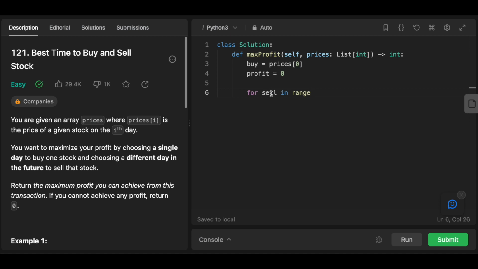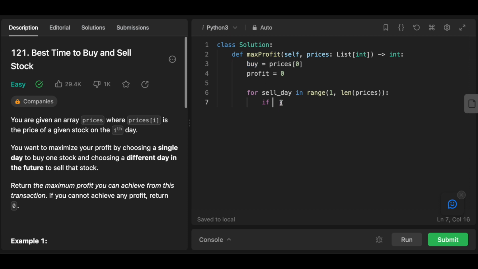Let's see, for sell day, so buy price, and this is the sell day. For sell day in the range from the second day, so that's 1, until the length of prices, we can say, if the sell price is less than our current buy price, then we want to update it.